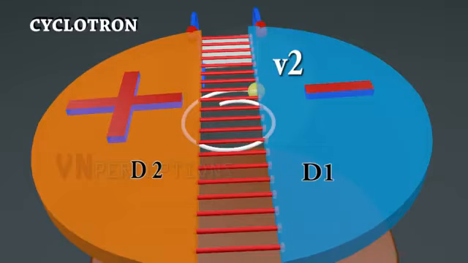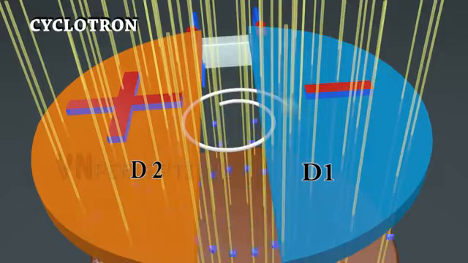When it enters D1 again, the velocity remains constant because the magnetic field cannot change the velocity, but the particle makes a greater semicircle because it is coming inside the D with a greater velocity.